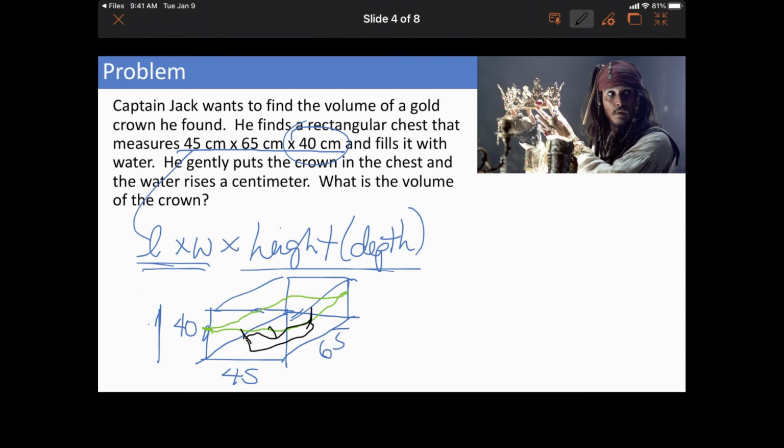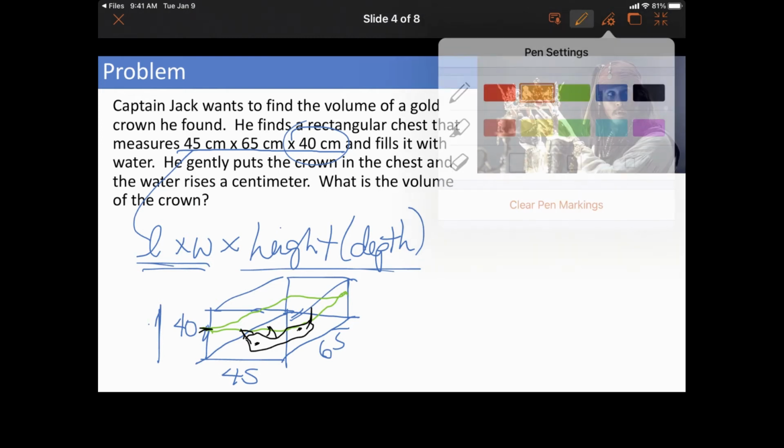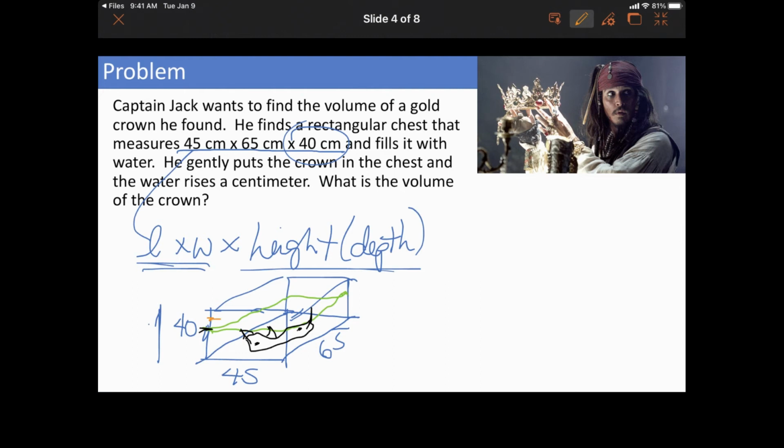Really ugly crown. Once you put in the crown, whatever it started with, the water is going to rise to a different level. And that's all you really care about. You just care about that one little sliver of water, that rectangular prism of water.